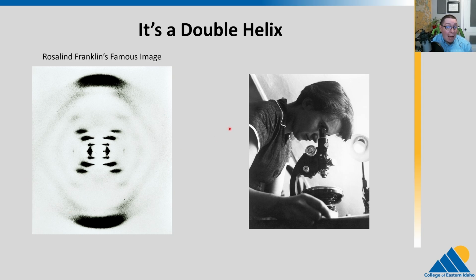Rosalind Franklin died before Watson, Crick, and Maurice Wilkins got the Nobel Prize for this structure, and they don't give Nobel Prizes posthumously, so we'll never know if she would have been included in this. There's a lot of controversy around whether her work was used with her consent or not. She worked for Maurice Wilkins, or kind of with Maurice Wilkins.